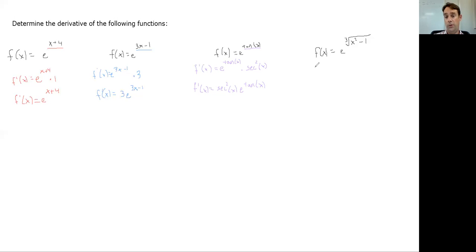All right, last one. Now, hopefully you guys did this first. You rewrote it as x squared minus 1 to the 1/3 power. So for the derivative, we just keep the function.